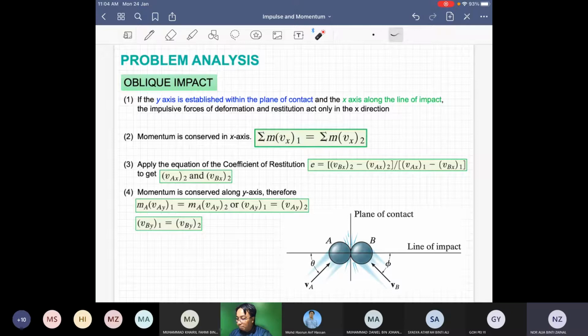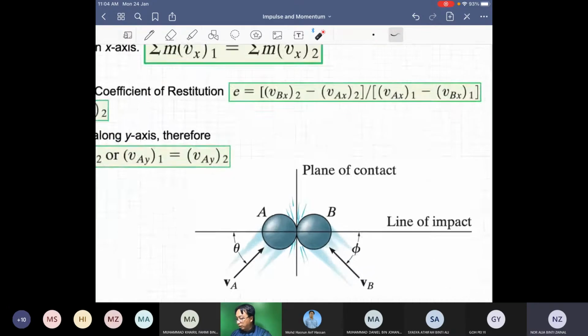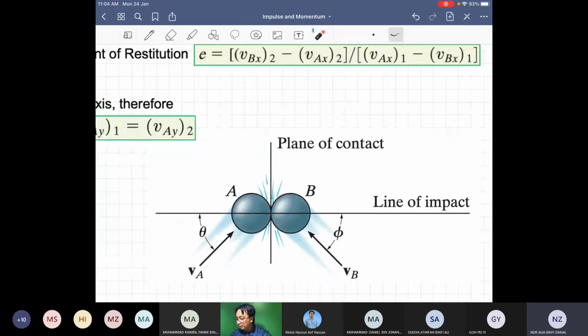First, we need to establish plane of contact sebagai y-axis dalam oblique impact, dan juga line of impact sebagai x-axis. Itu yang pertama kita kena buat. So if I zoom in here, kita kata tadi plane of contact will be y-axis. So in this case, this will be y-axis.